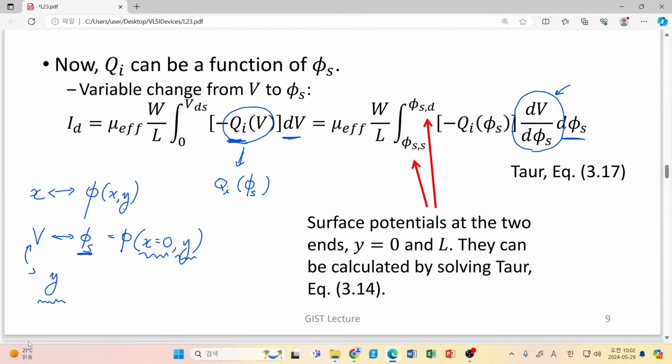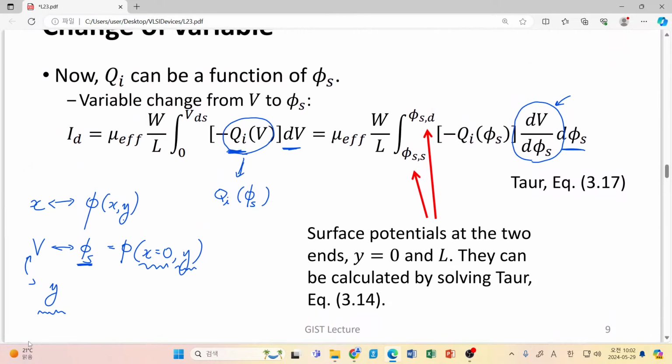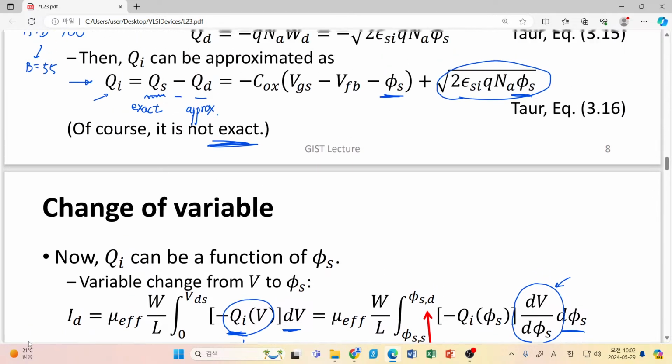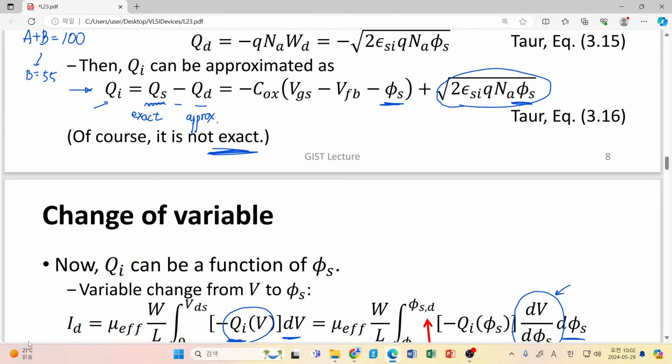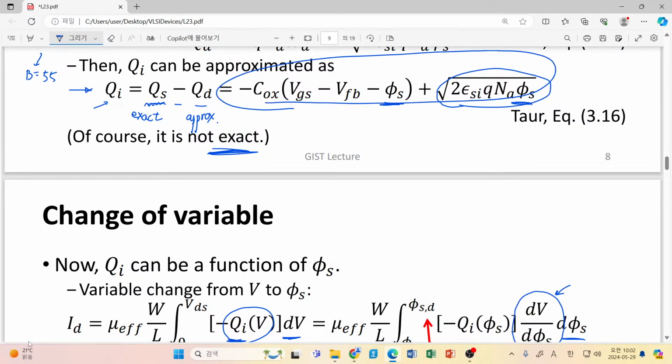Actually, this QI itself is quite easy to integrate. Please try to integrate this expression. How can you calculate its integral over phi s? Of course, these are all constants, so that will give us just phi s dependence. And here we have a linear term, so this linear term will yield just half of phi s squared.